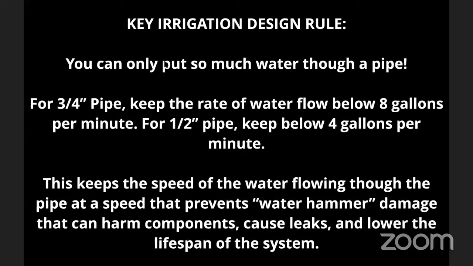So here is, if you're getting into design, especially if you're not doing just a small planting bed, but you're thinking about an area that used to be a lawn, one thing to remember: you can only put so much water through a pipe of a certain size. And there's a few reasons for that. But normally, before you get into actual situations of the water supply, like if you're on city water, you're running out of water, that's normally not what the barrier is going to be.